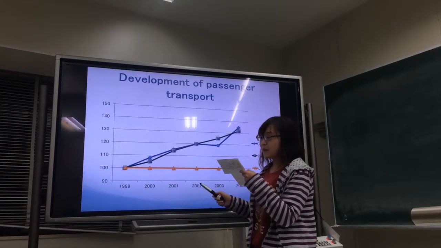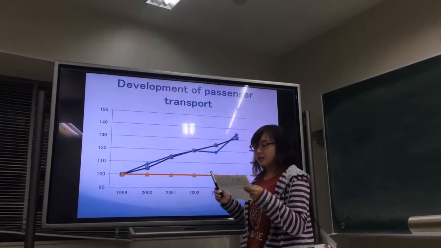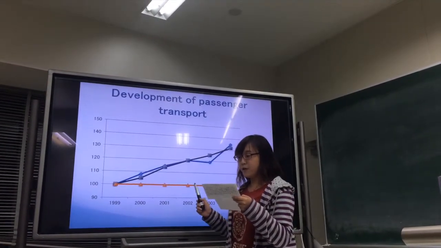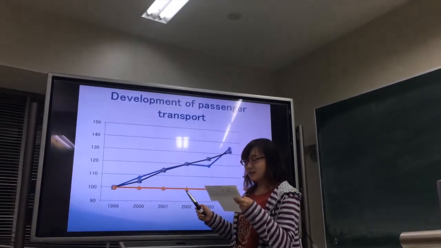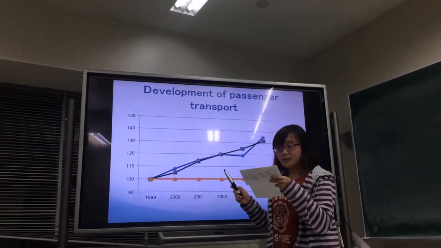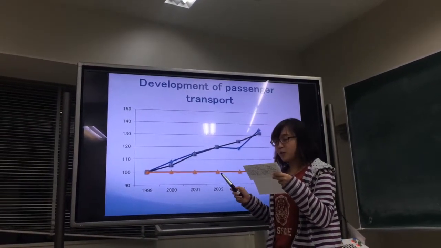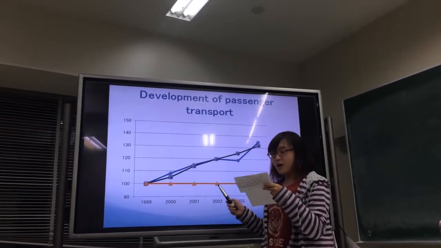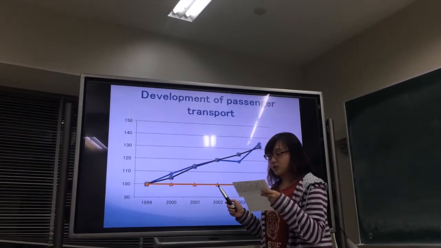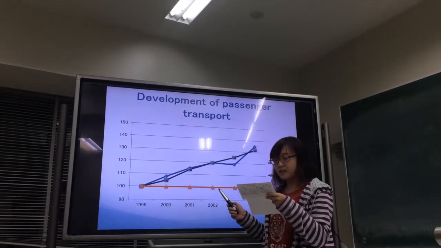developed quickly. So as trains become faster and faster, the coverage area of the railway becomes larger and larger. Product delivery becomes faster and more convenient. It helps domestic trade and international trade as well, because railway transportation is the cheapest and the safest way. What's more, for passenger transportation, traveling becomes safer and more convenient.